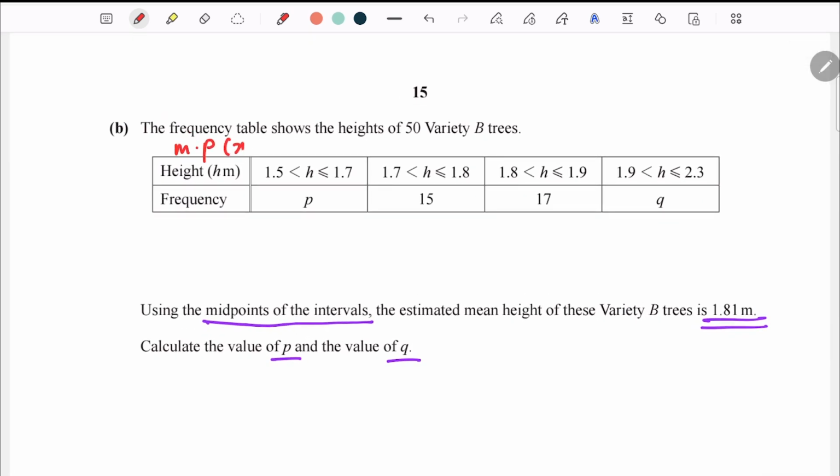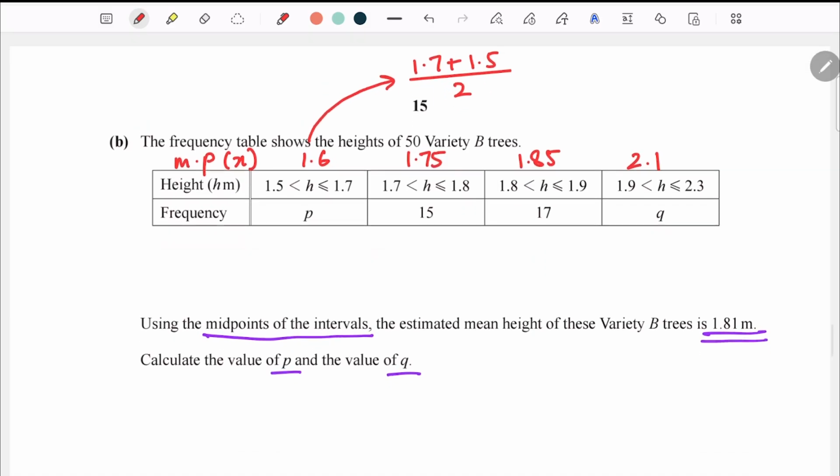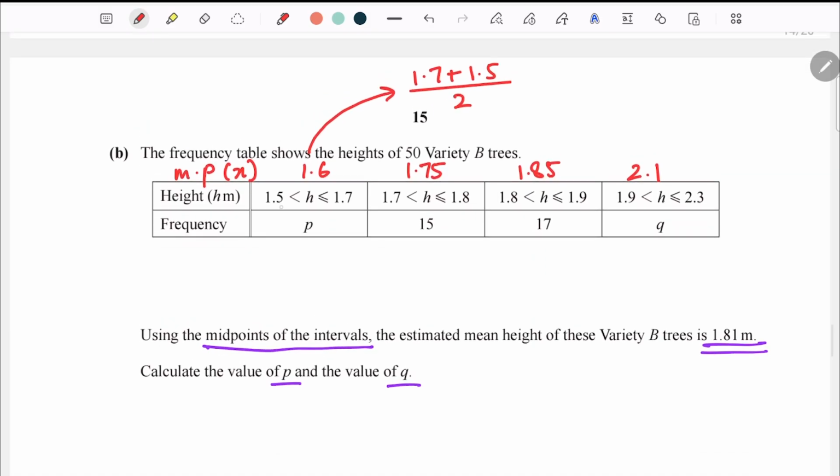The midpoint, which is basically x, will be 1.6, then 1.75, 1.85 and 2.1. I found these midpoints by basically 1.7 plus 1.5, adding both the extreme values divided by 2. So we can find the midpoint by adding the two extreme values and dividing by 2.